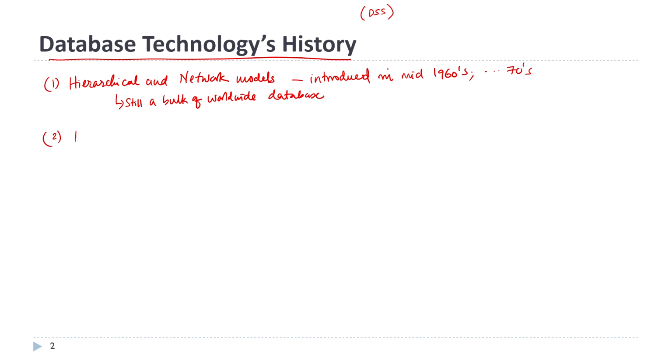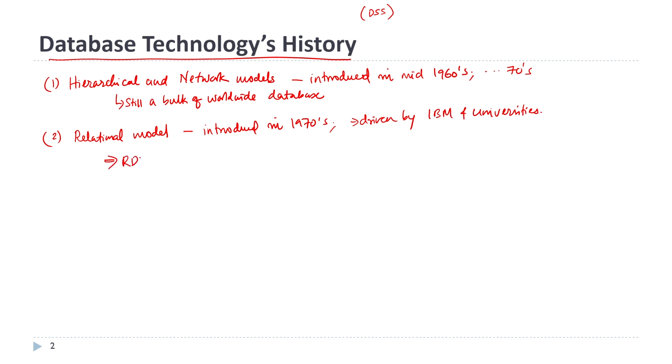Second one, relational model. Introduced in the 1970s, driven by IBM and universities, the RDBMS, the relational database management system software products, emerged in the early 80s.